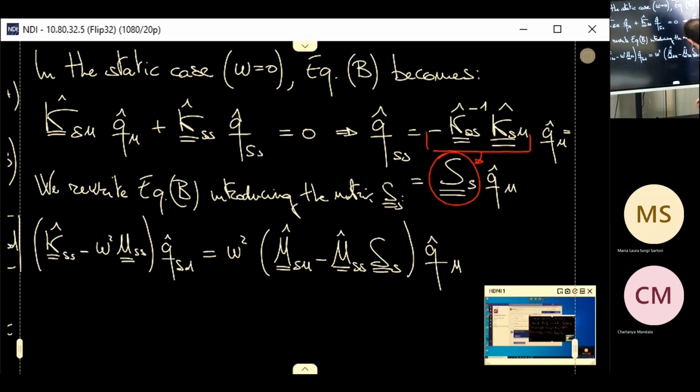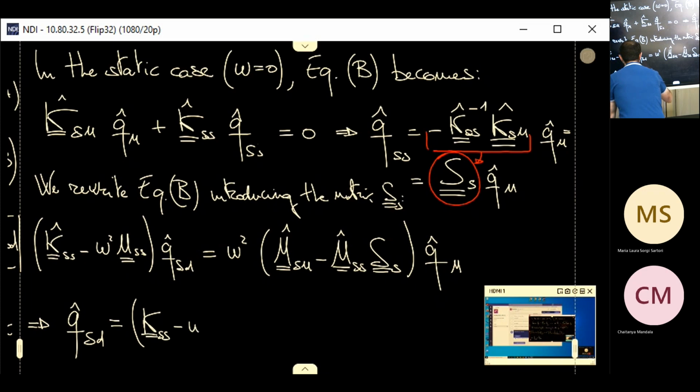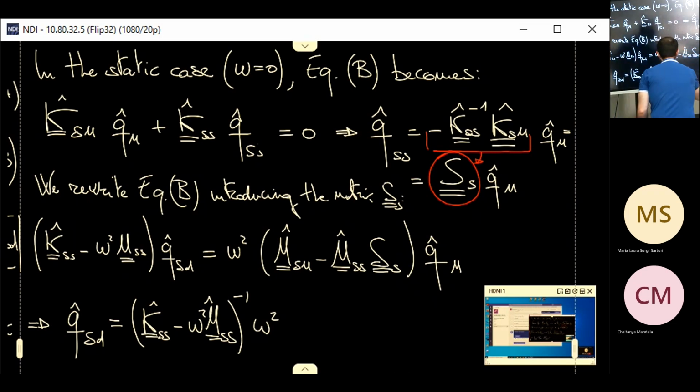Okay, so this means that our QSD, so the static part, is quite straightforwardly the inverse to the -1 of omega squared MSM.